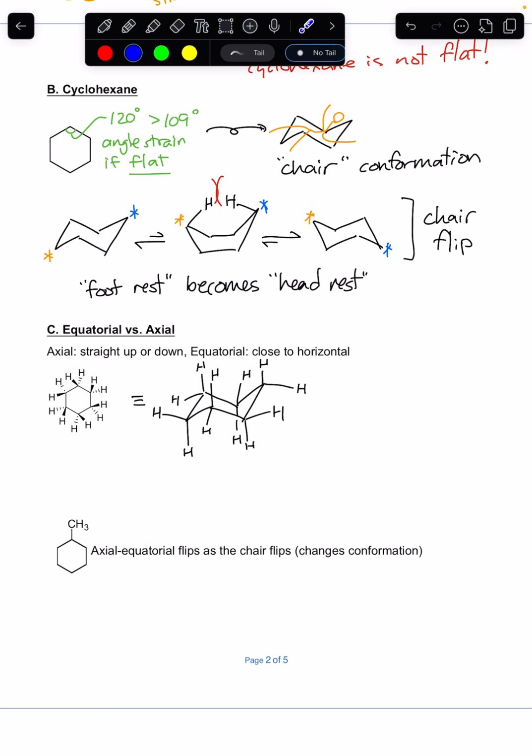If you think of this as a sphere, the hydrogens around the equator are the equatorial hydrogens, and the axial ones are the ones that are parallel to the axis. When you draw this, I want you to notice how this bond is parallel to those two bonds, and this bond is parallel to that, and this is parallel to this. So as long as you can find what each bond is supposed to be parallel to, you should be able to draw these pretty well.